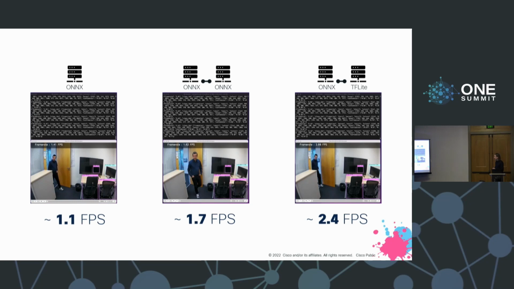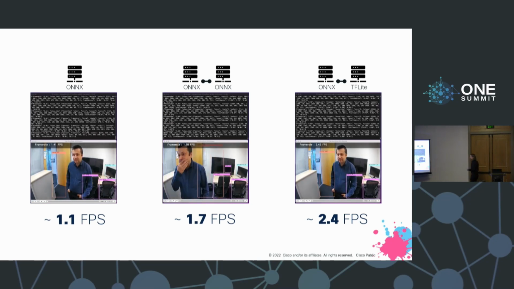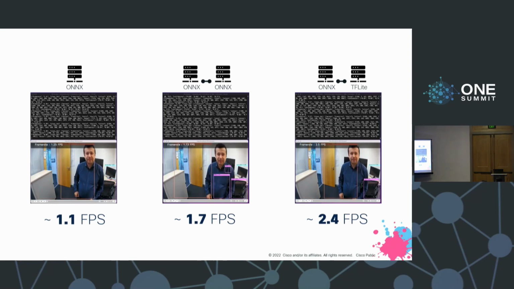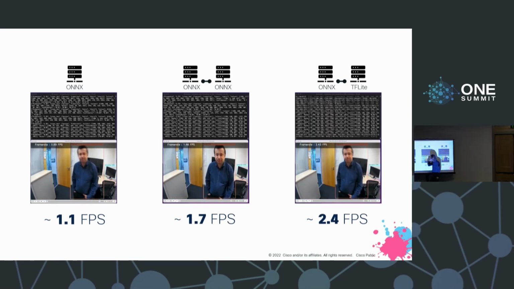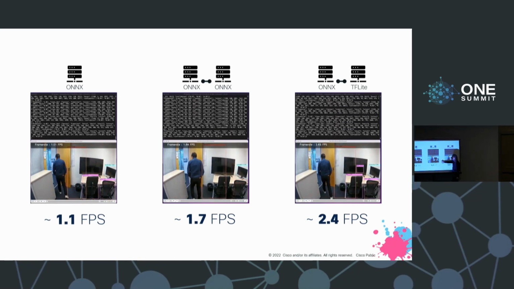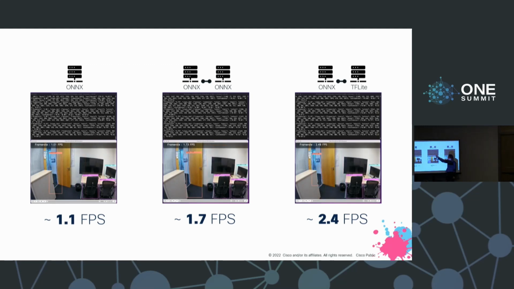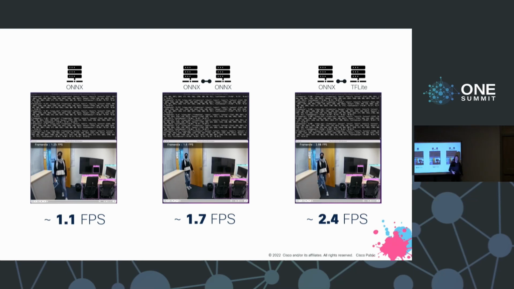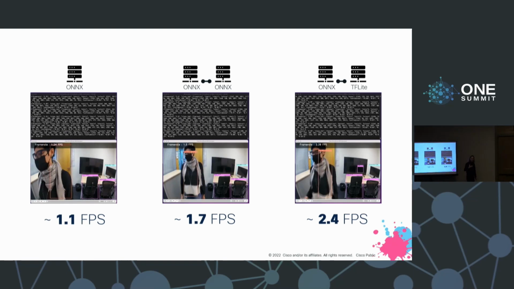What can you do with that? If you look at, on the left-hand side, we are running a model on an ONNX runtime, single node, 1.1 frames a second. Doing the same thing on 2 ONNX nodes, same runtime, I can go up to 1.7. Why don't I double?